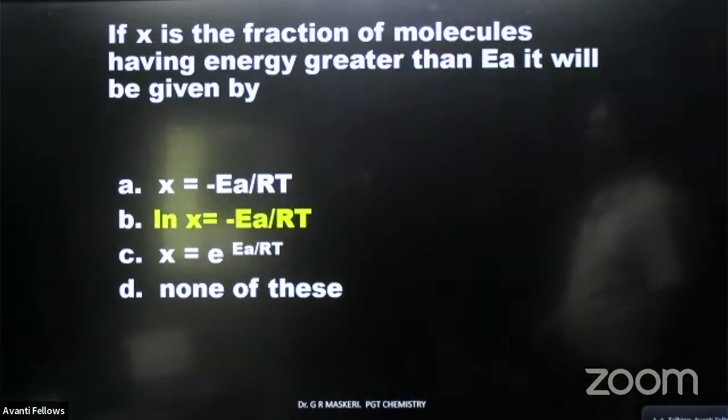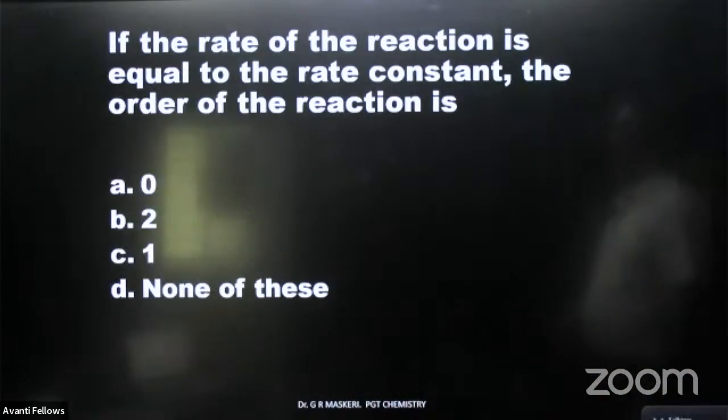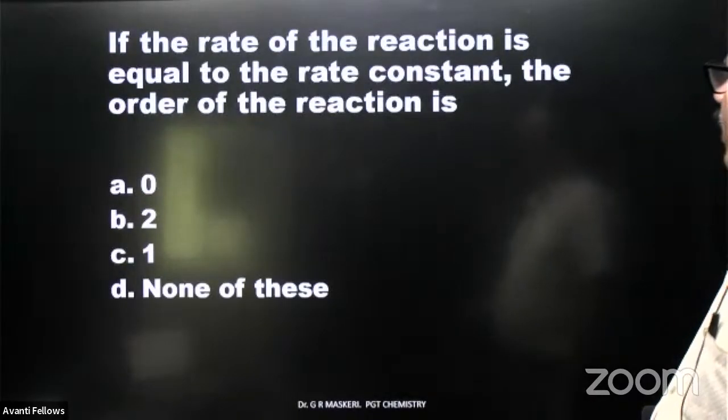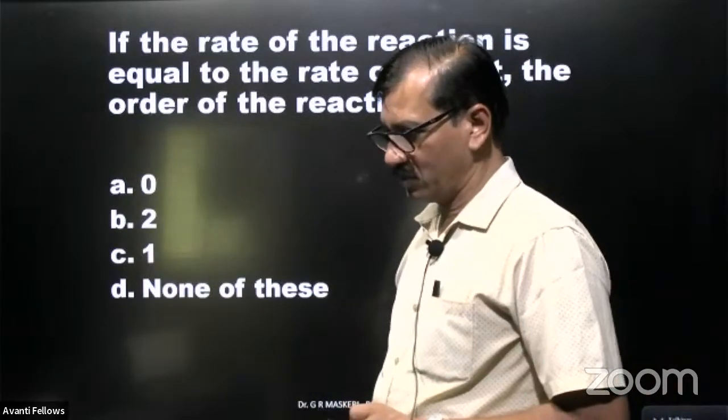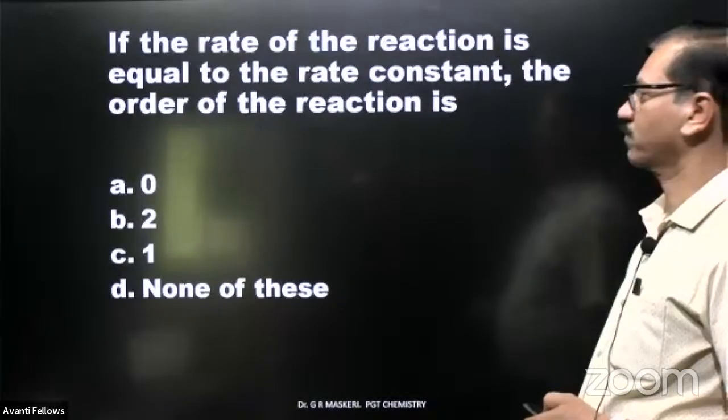Good. If the rate of the reaction is equal to the rate constant, the order of the reaction is? You know, rate of the reaction is equal to rate constant. Then the order of the reaction is?